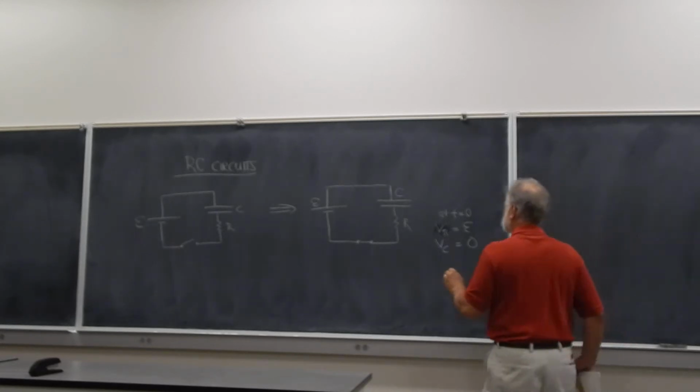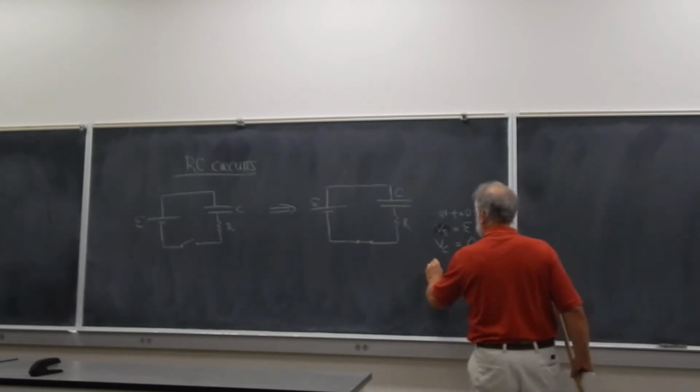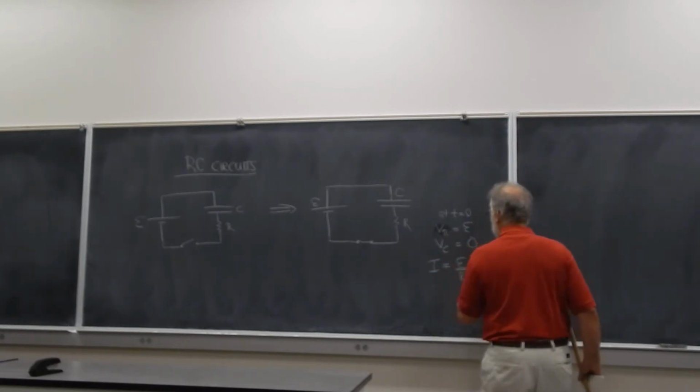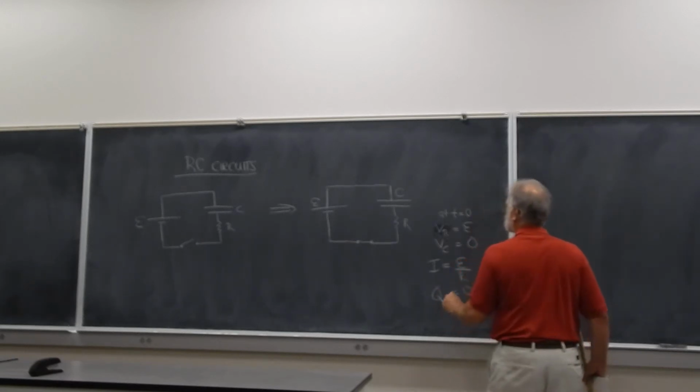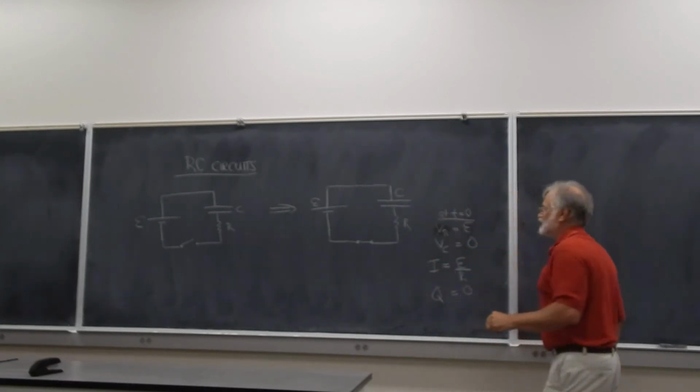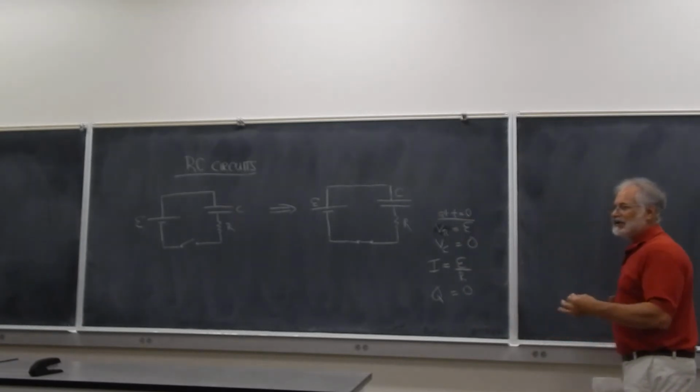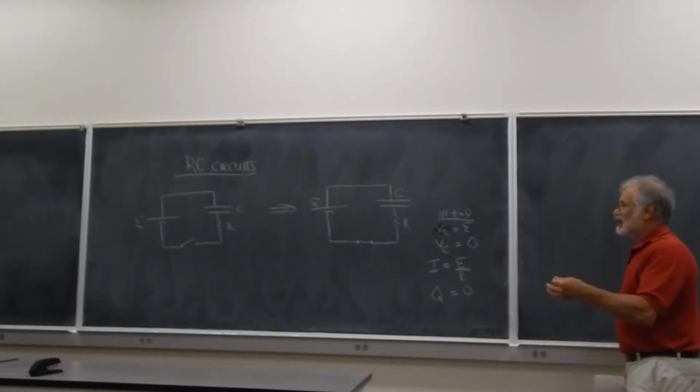The current through the resistor then will just be equal to E over R. The charge on the capacitor will be 0. So this is all initially. But as time goes on, the capacitor is going to charge up.